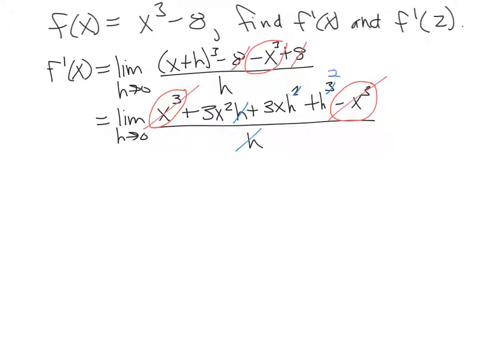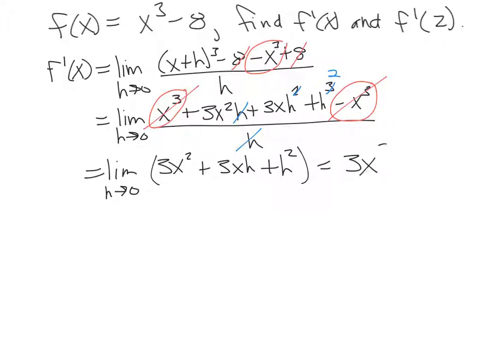So we did a little reducing here, and now we have the limit as h approaches 0 of 3x squared plus 3xh plus h squared. Allowing the h's to become 0 leaves us with 3x squared. We can check that using our old power rule. We bring the 3 to the front, subtract 1 off the exponent, 3x squared, and the 8 zeroes out.